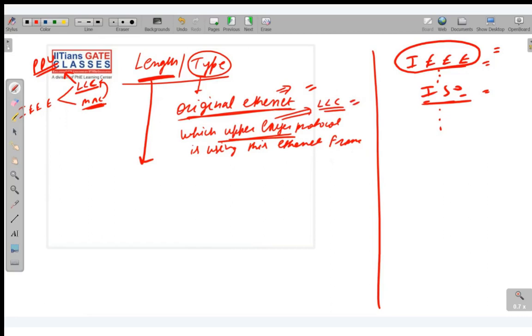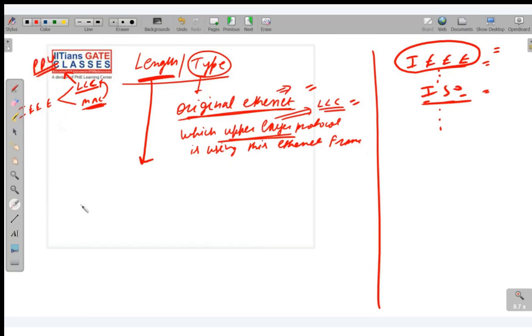When IEEE standardized this Ethernet protocol, it changed this field to a length field, because in IEEE standardized LANs we have only one protocol, that is PDU.